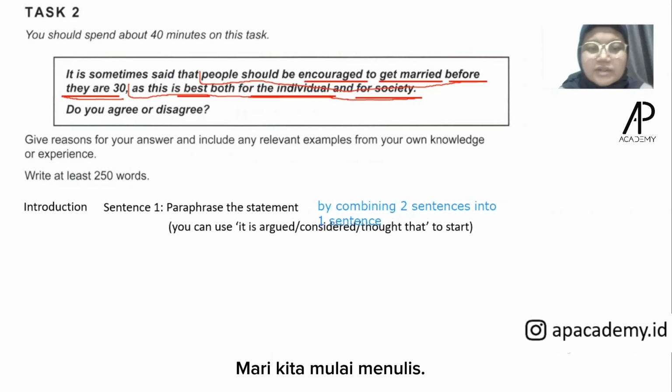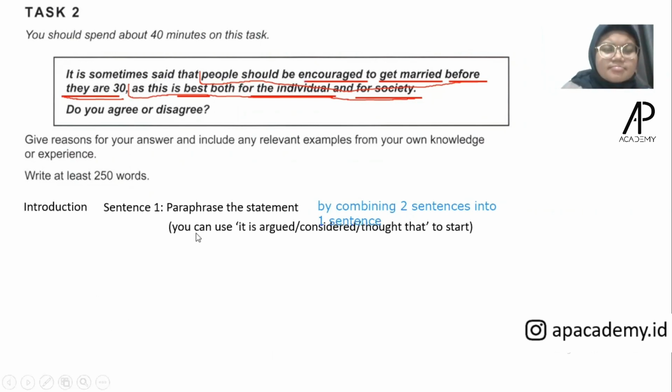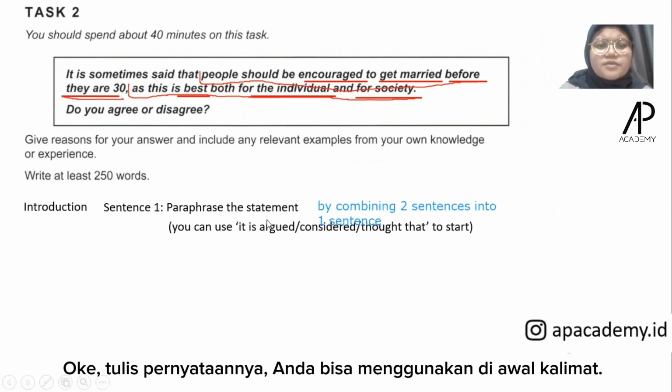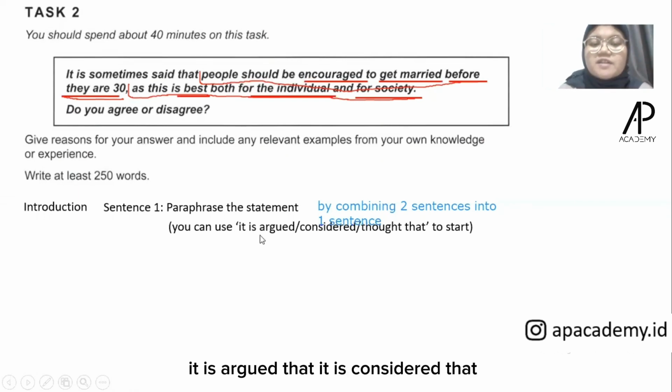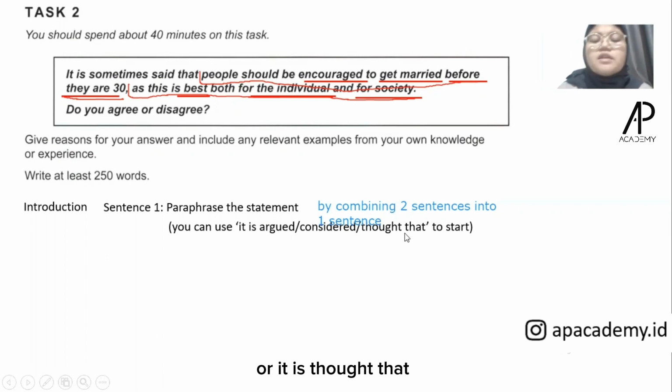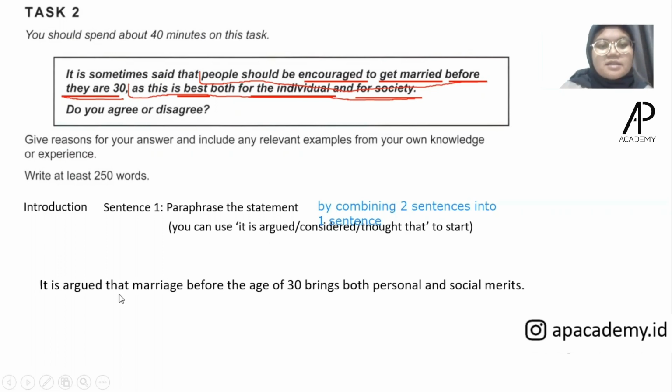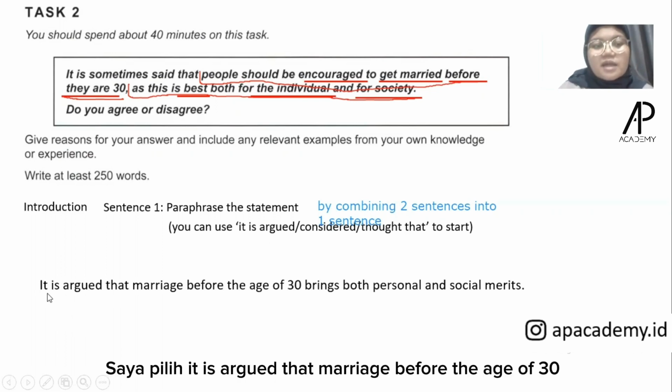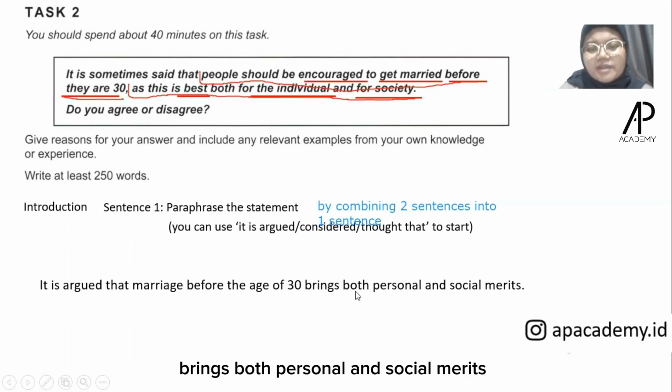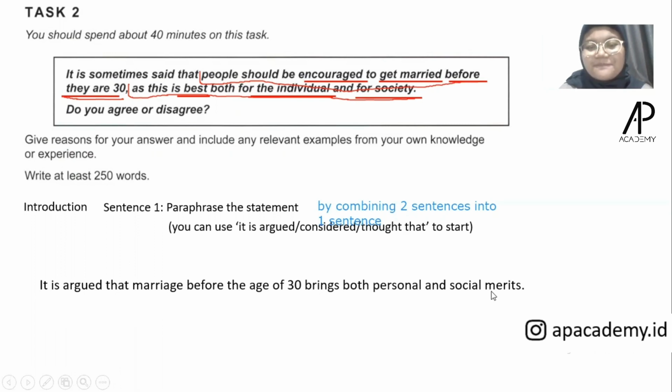Okay. Let's start writing. To write the statement, you can use, in the beginning of the sentence, it is argued that, it is considered that, or it is thought that. For example, I chose it is argued that marriage before the age of 30 brings both personal and social merits.